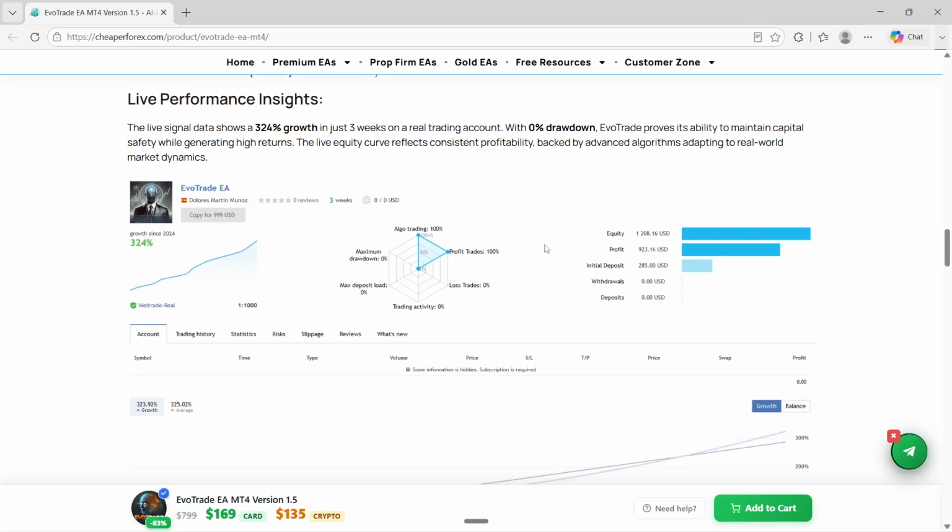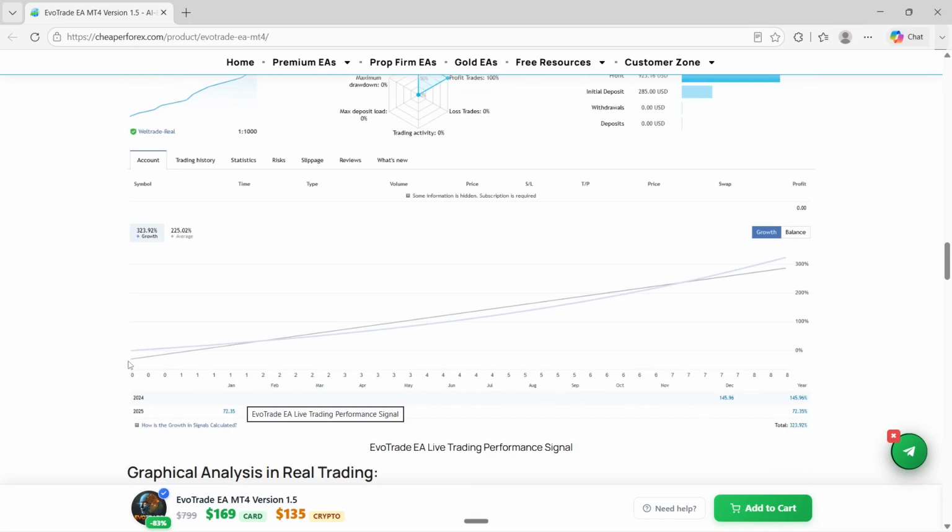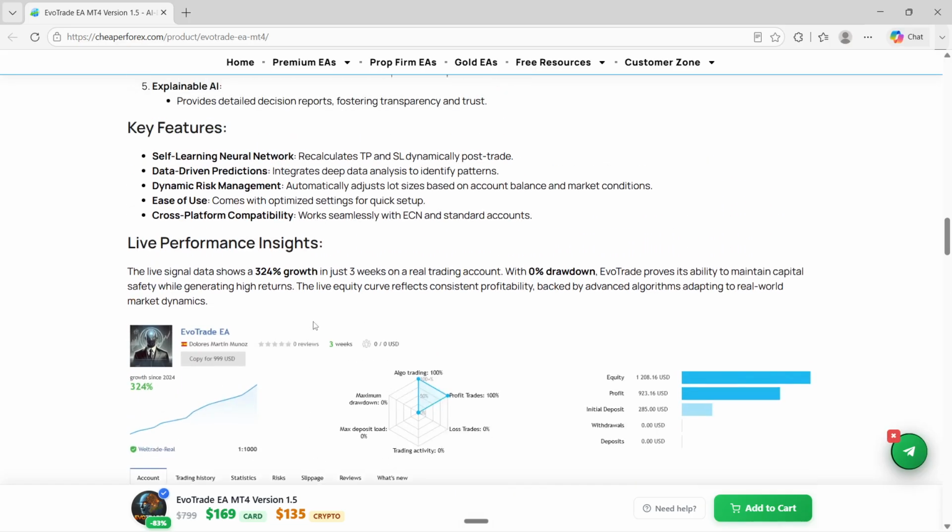So take a look at the performance. You can see for an initial deposit of 285 US dollars, the profit was $923.16. You can see how the equity curve looks as well. It moves sharply to the upside.